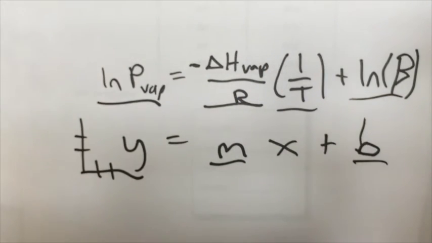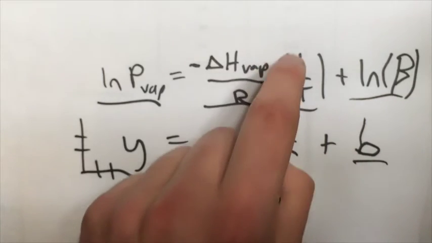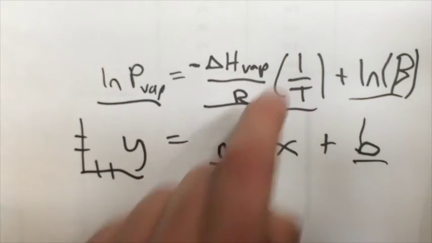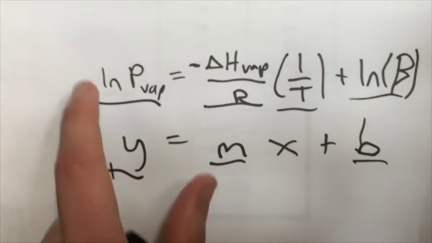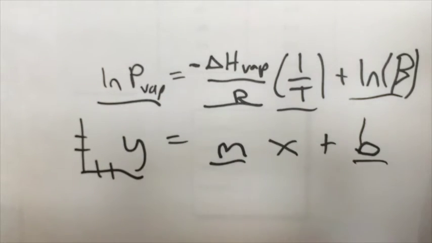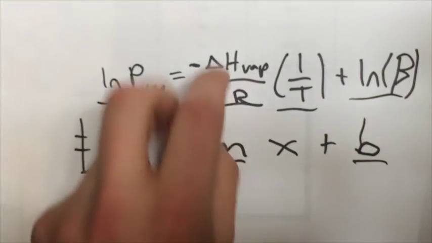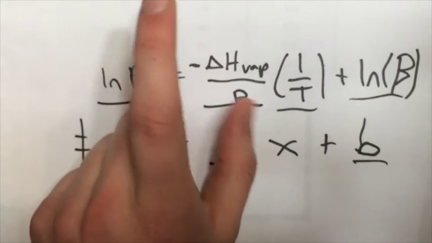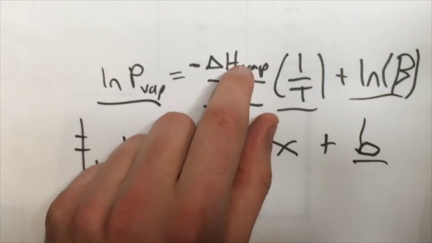If we graph 1 over the temperature in Kelvin versus the natural log of the vapor pressure, we can obtain a linear line. If we solve for the slope, we can find the enthalpy of vaporization.